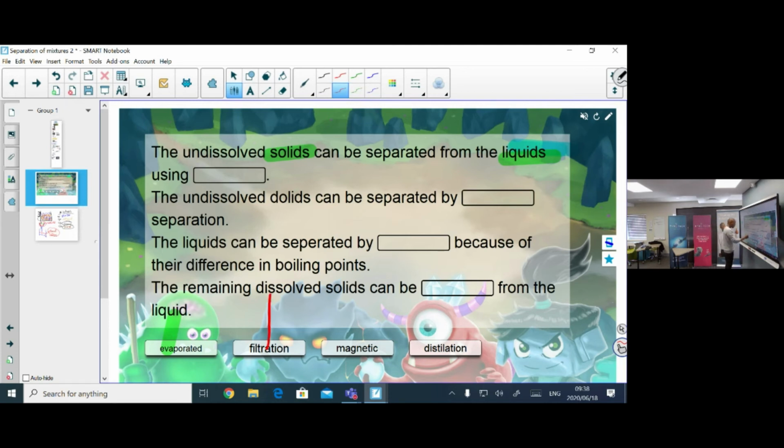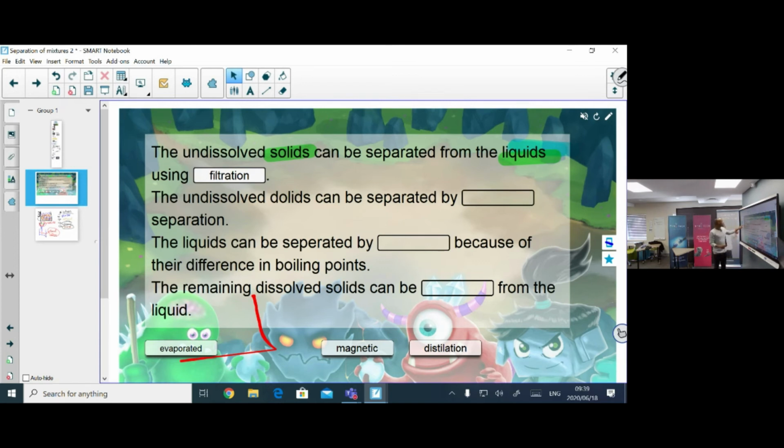We are going to use filtration in order to separate the undissolved solids from our liquids, right?